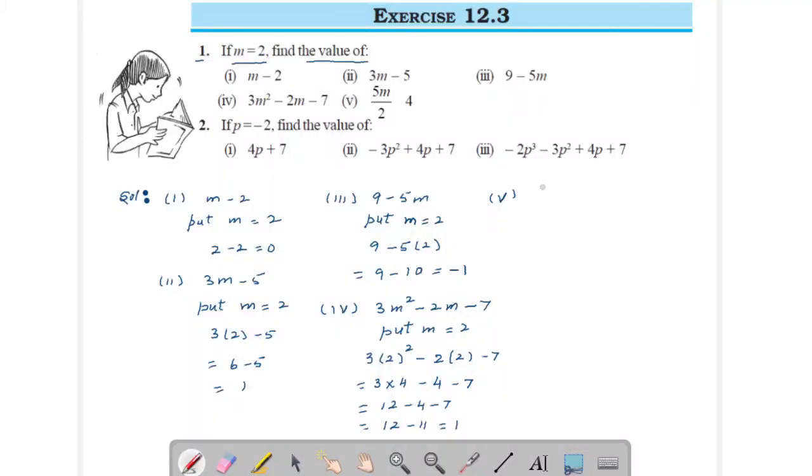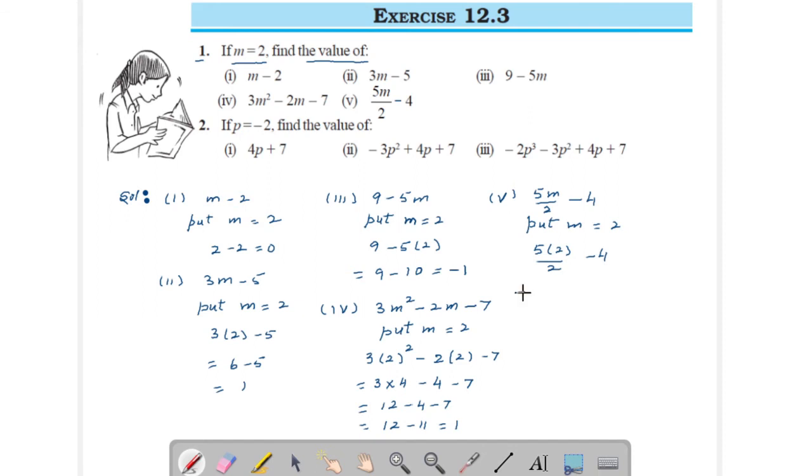Now come to fifth part. It is 5m upon 2 minus 4. Here it is minus sign. Now put the value of m as 2. Replace m by 2. You will get 5 within the bracket 2 upon 2 minus 4.